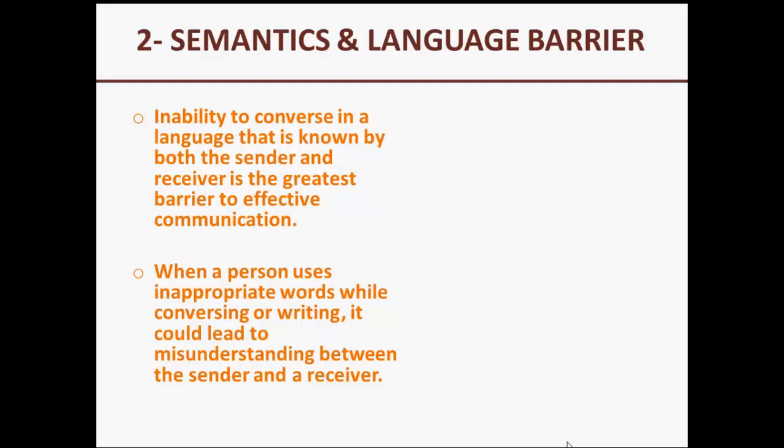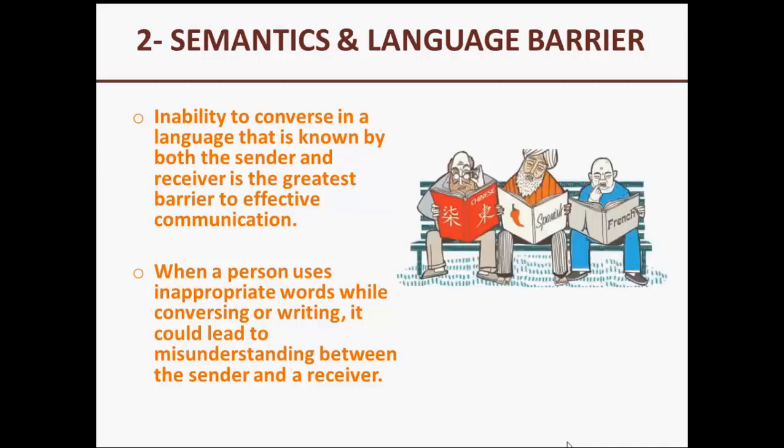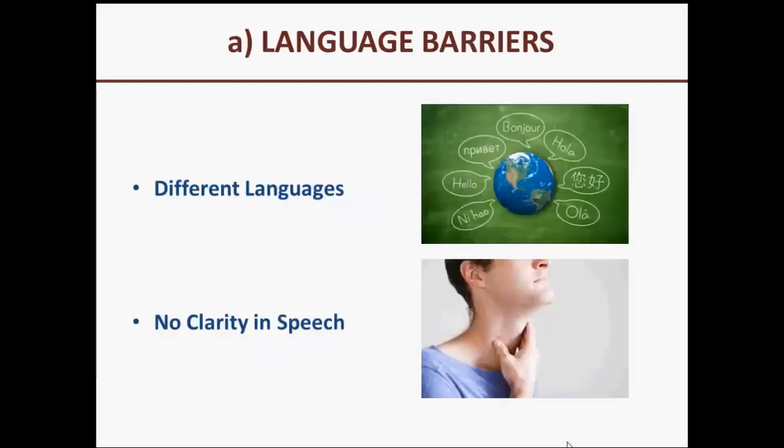Okay? So it's important when somebody speaks to be clear about what he's speaking. So, different languages, that's a problem. No clarity in speech for the language. Even if I speak English, but you cannot understand what I'm saying, my speech is not clear, that's a barrier to communication, as we speak different languages.